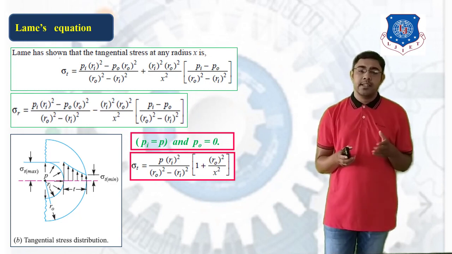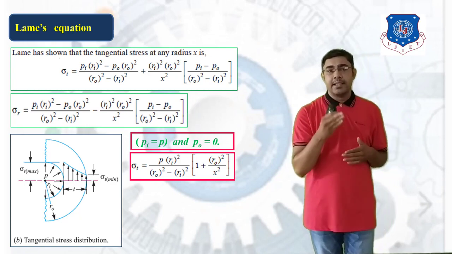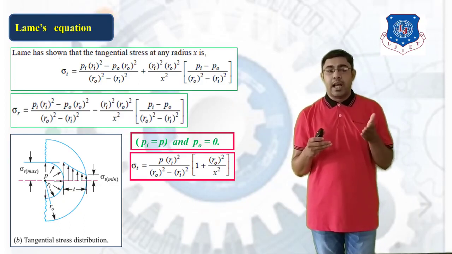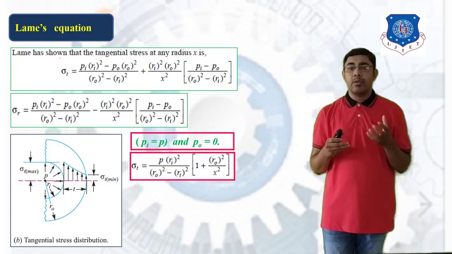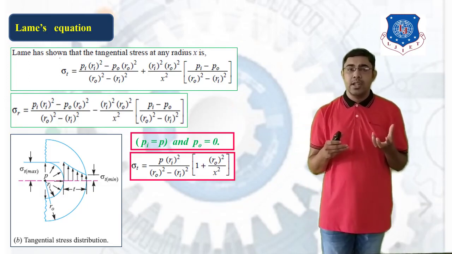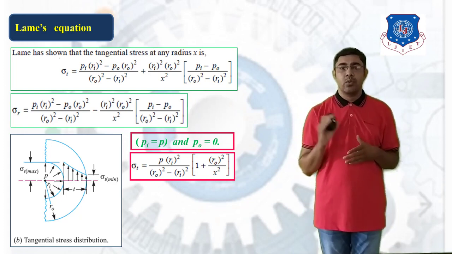In the figure, there is maximum tangential stress at the inner surface, at radius Ri. So to find the maximum tangential stress, we have to place the value of x equal to Ri.